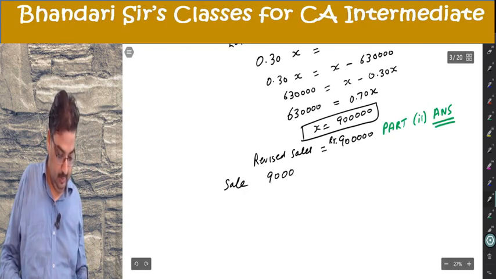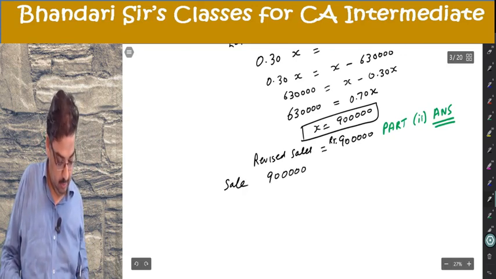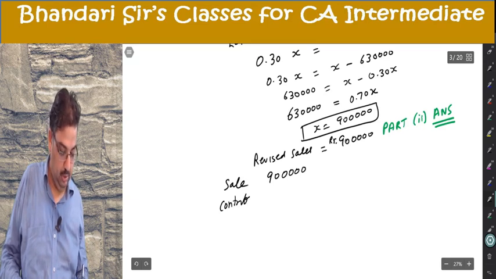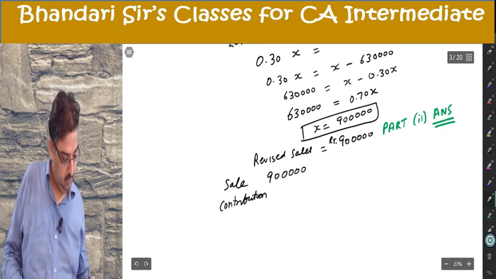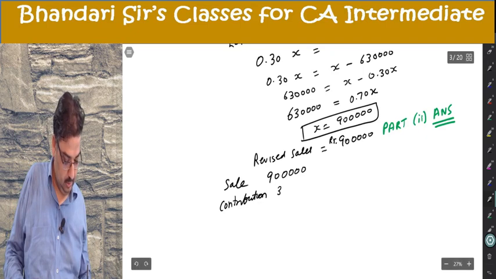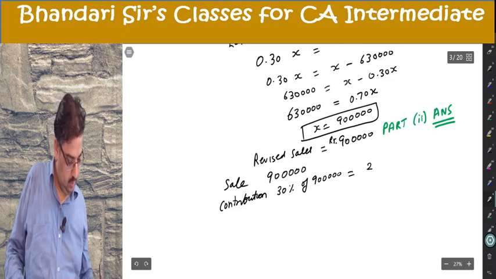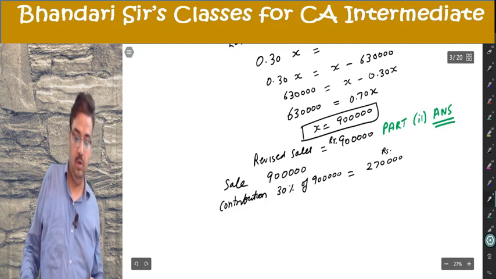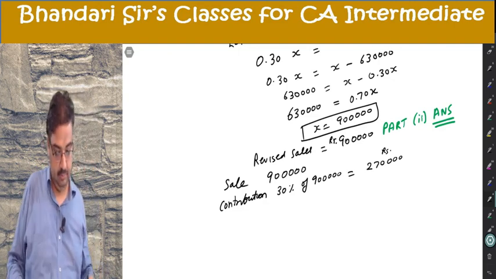Sale 9 lakh gives me contribution. Contribution is 30% of 9 lakh. This is 2,70,000.